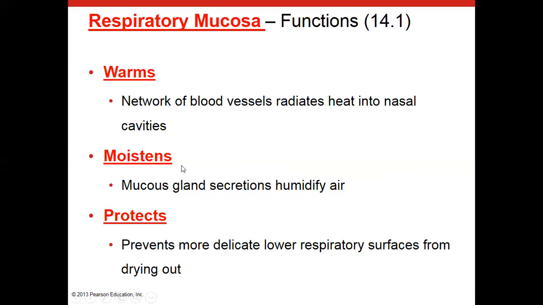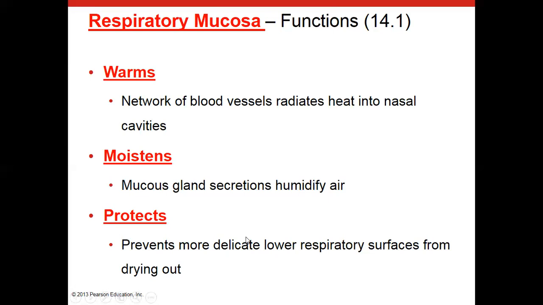And it moistens, everybody's favorite word, by way of mucus glands that secrete mucus and add humidity, some kind of water vapor to the air as you breathe it in, but also protect it and prevent the delicate structures of the lower respiratory surfaces from drying out.